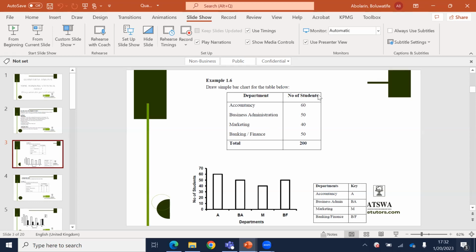Yes. So now if we look at this figure, the smallest is 40 and the biggest is 60. So you have to be realistic when plotting this particular graph. You have to be very, very realistic.